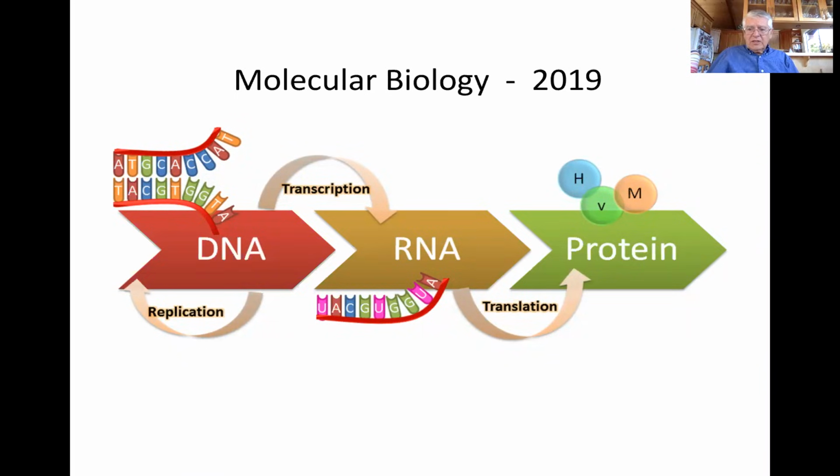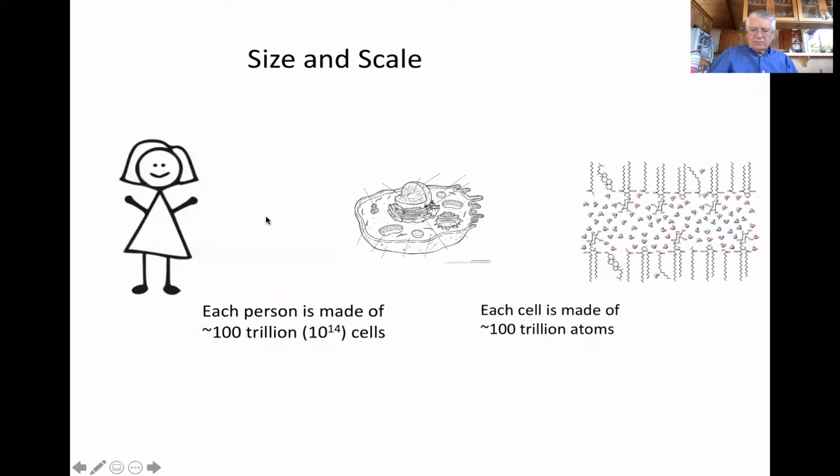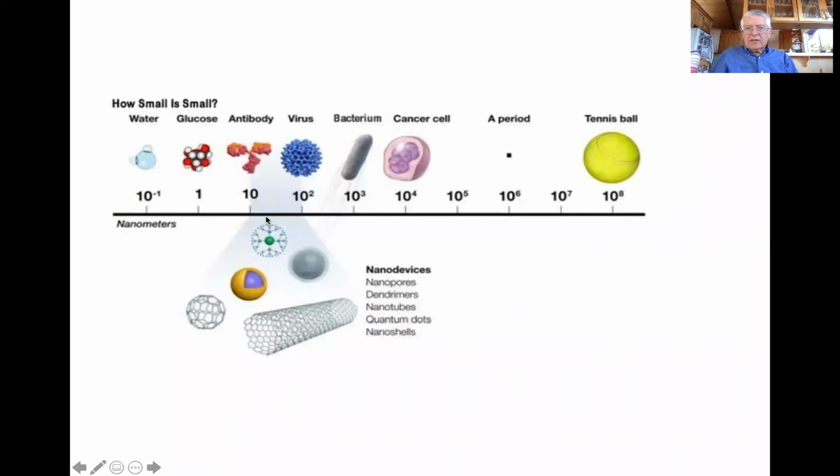So let's start by talking about scale. We're talking about the molecular world, and it's important to get some sense of really how small is small, as this slide shows.